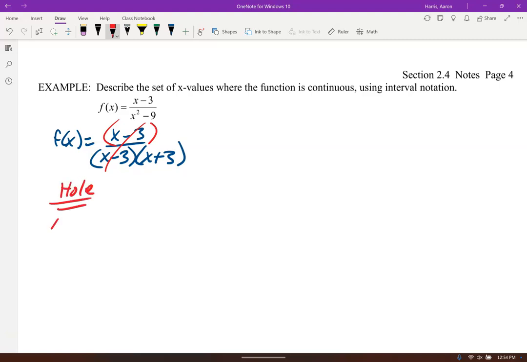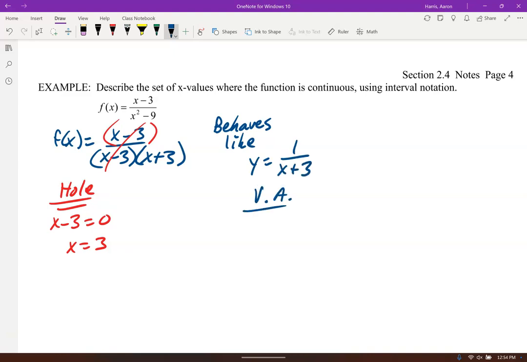So you have a hole at x equals 3 on this function, right? And if it doesn't cancel, it actually behaves like the simplified version. But remember, this is a different function. It has a vertical asymptote.